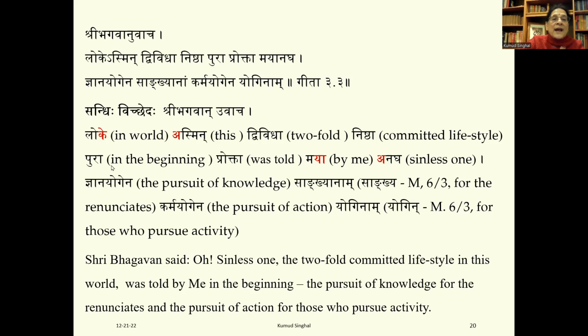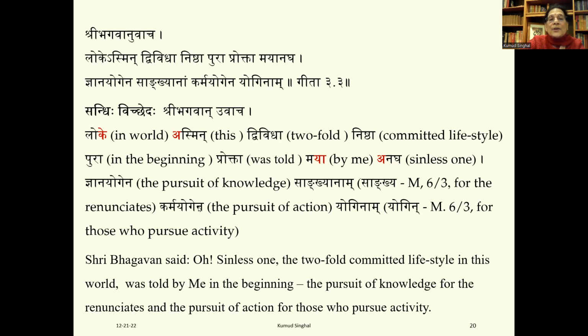Then jnana yogena, this is the tritiya vibhakti eka vachanam, the pursuit of knowledge. Sankhyanam, this is shashti vibhakti, bahuvachanam, and the pratipadikam is sankhya. So this is the sixth case plural, for the renunciates.